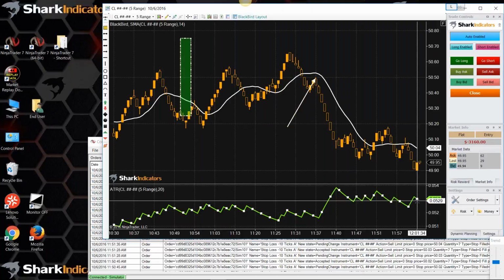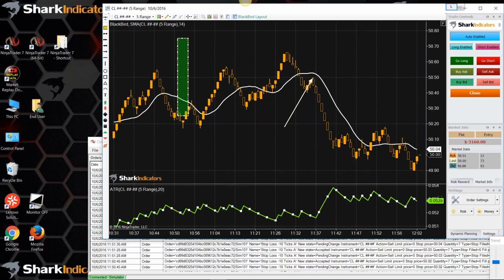Right, so this ATR is basically just a distance, right? So right now it's 0.05, or in other words 5 ticks. It's 0.05 points is what the ATR is. So that would be 5 ticks on the oil chart.